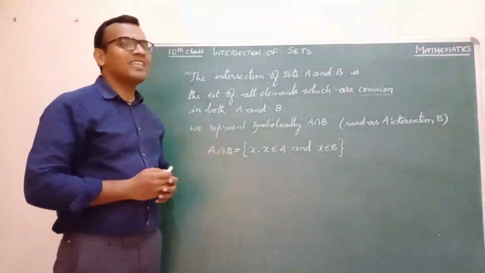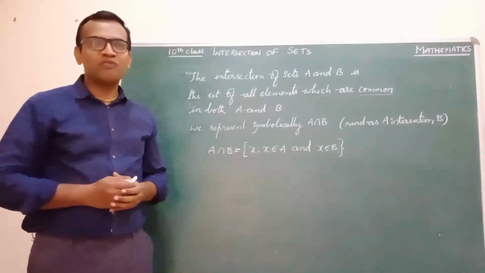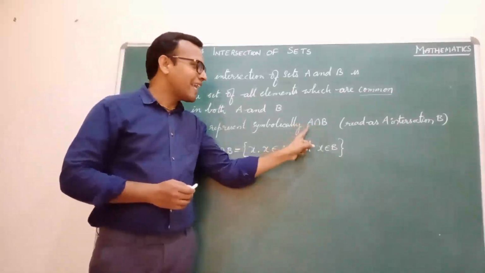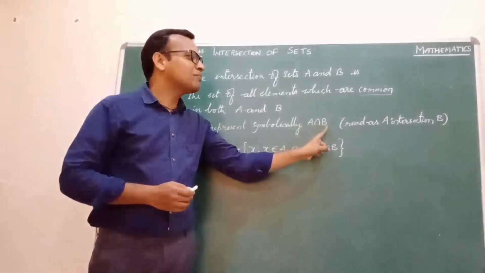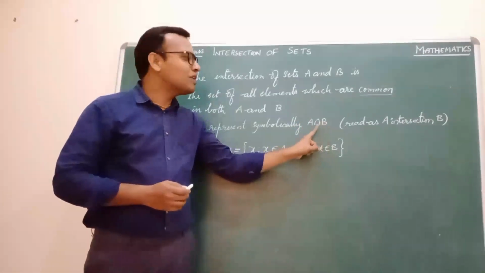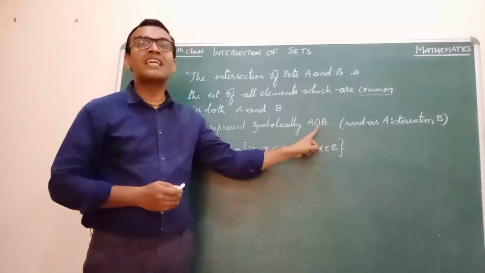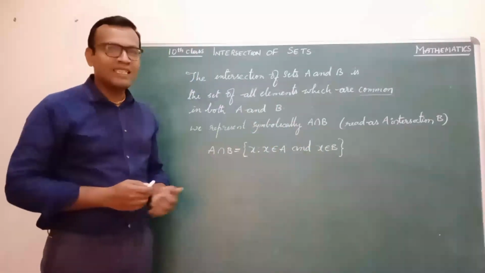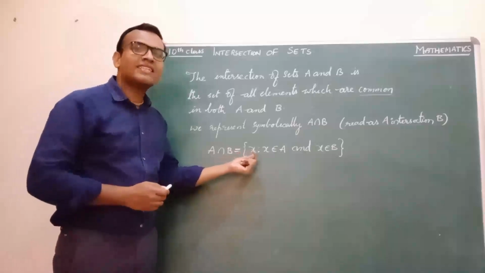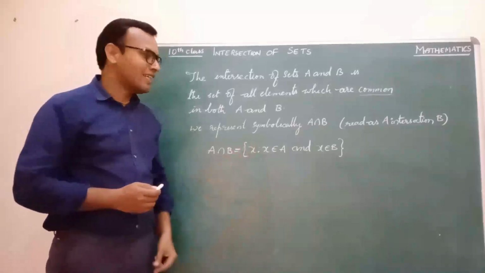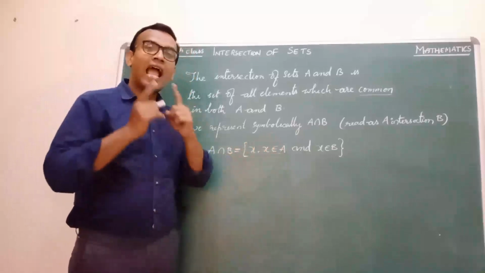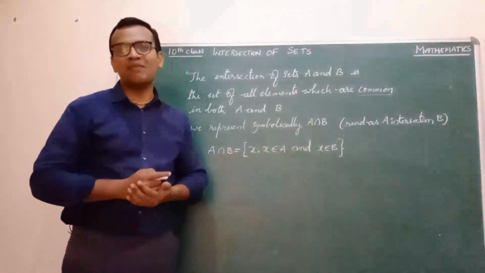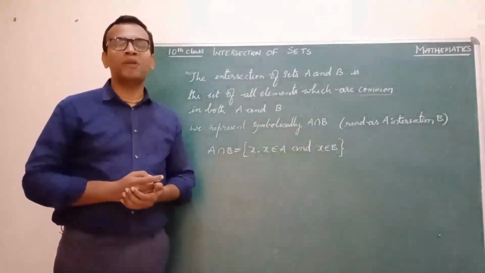Now we generally represent the intersection of A and B like this, and we read it as A intersection B. The inverted union symbol is taken as intersection. Now A intersection B is the set of elements x such that x belongs to A and x belongs to B. That means x is a common element of A and B.